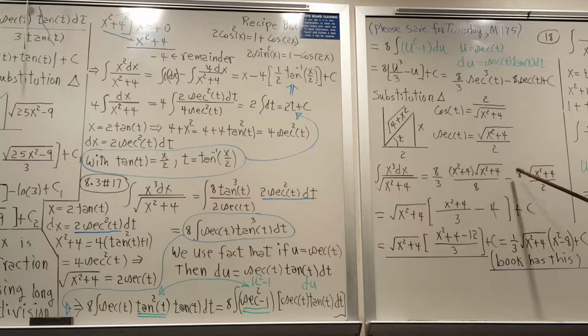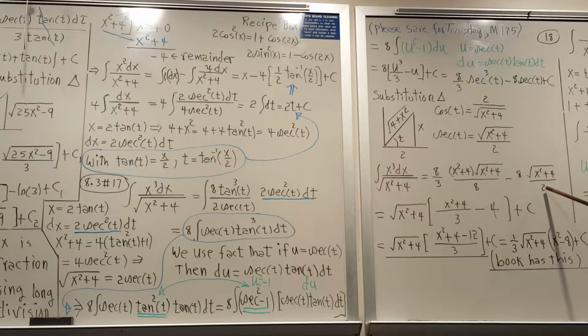And then I can write my secant over here. And so I now have the square root as a common factor, and the 8 here is canceled. And so then I have x squared plus 4 over 3.